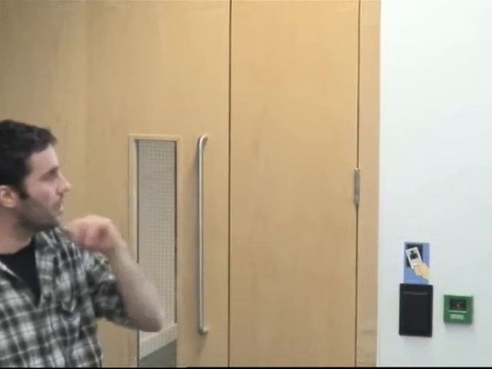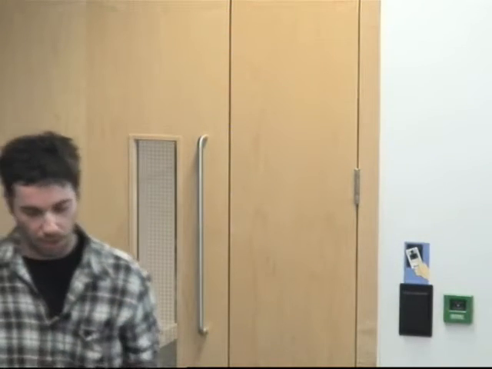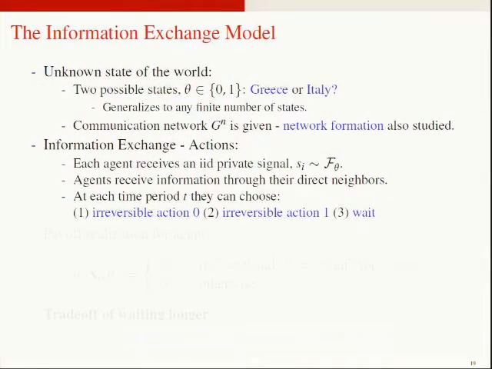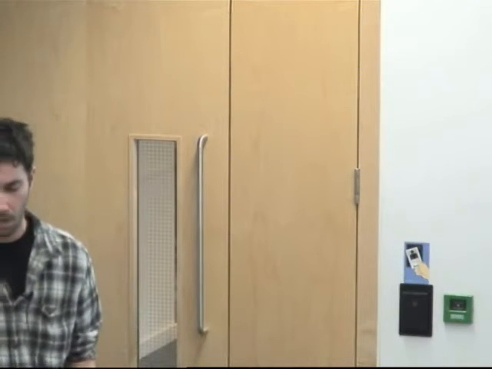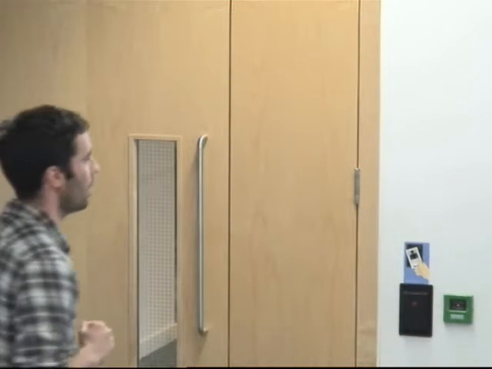We study network formation, but I won't talk about that in this talk. Each agent receives a signal that is correlated with the underlying state. You can think of the signal as the coin flip of a biased coin. Okay? With 60% it gives the correct state, with 40% it gives the opposite.